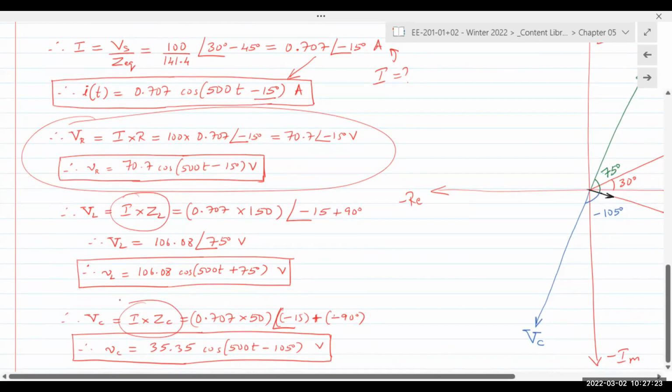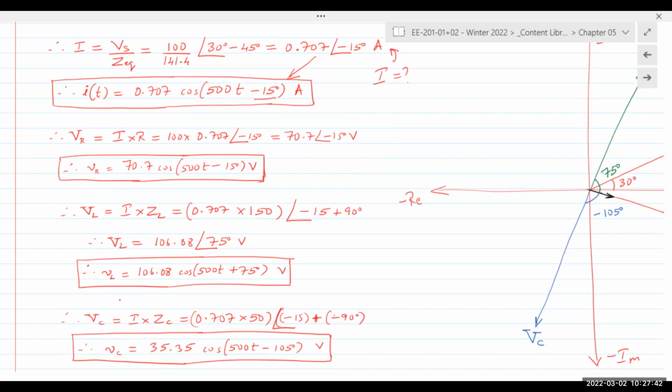Multiplication, multiplication, multiplication. Hence, at the beginning, I found the ZL and ZC values in both rectangular as well as polar coordinates. You can perform the math on your calculator, find the final answer, transform it back into the time domain, and you get values for VR, VL, and VC.